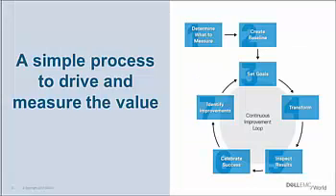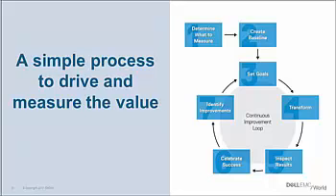So the process that we've designed is very simple. It's meant to help drive value, be lightweight, and support you in your journey. We begin with determining what to measure. So back to that book that I mentioned, How to Measure Anything, that is measuring what matters. You start with measuring the things that will really tell you if you're getting value out of the business, and we'll talk about some of those metrics.